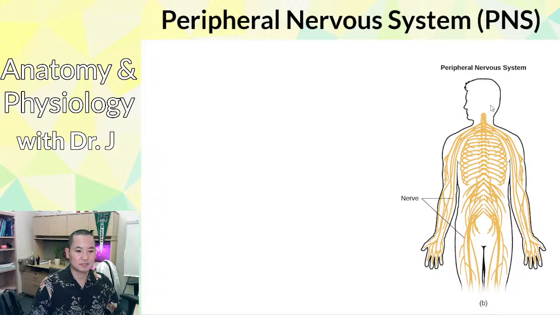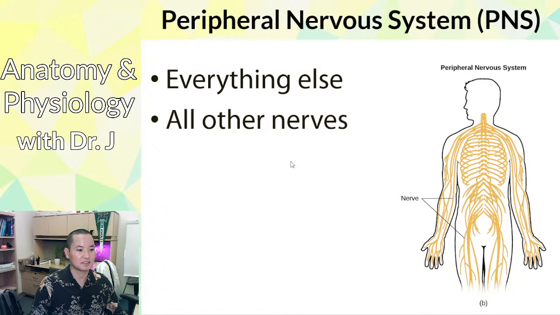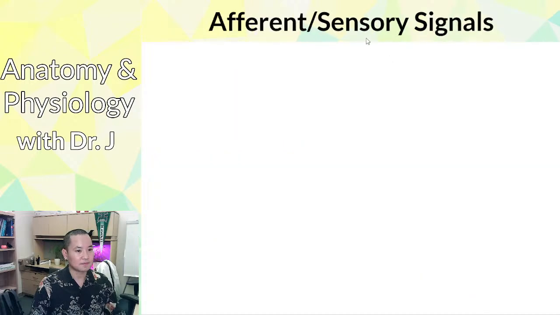I don't know why they're not showing cranial nerves here, but pretty much everything else that's not your brain and spinal cord, your cranial nerves, your spinal nerves, these are the branches from the central nervous system to the rest of the body. And that's what we're going to be covering for the next few lectures.